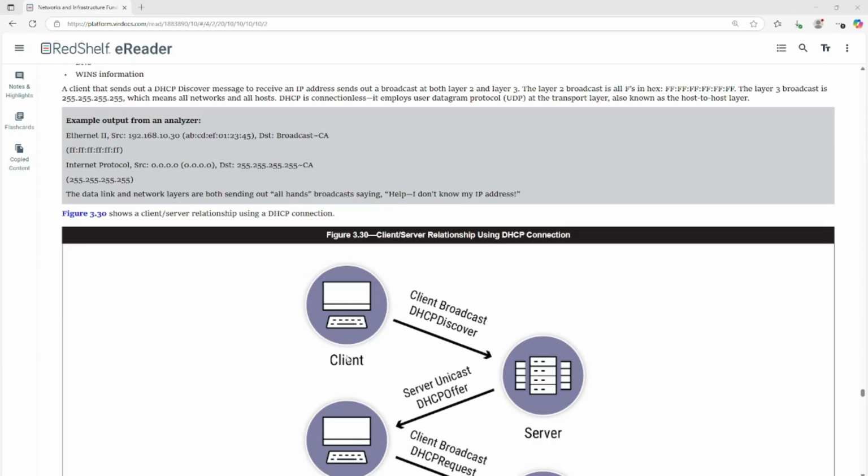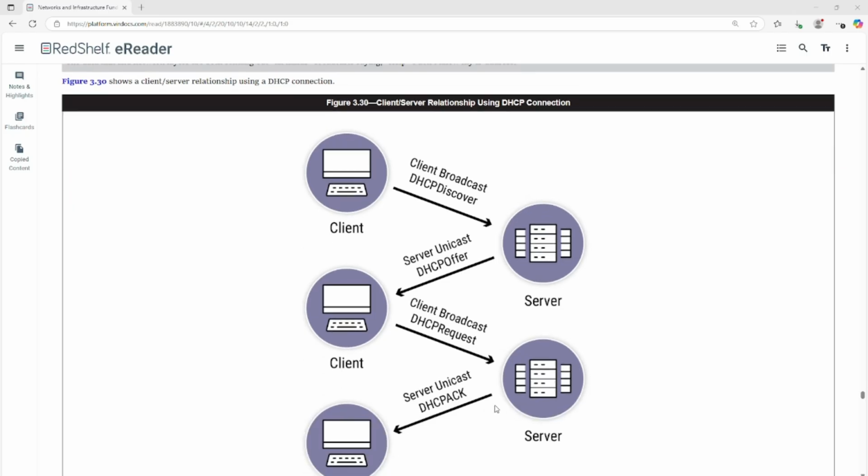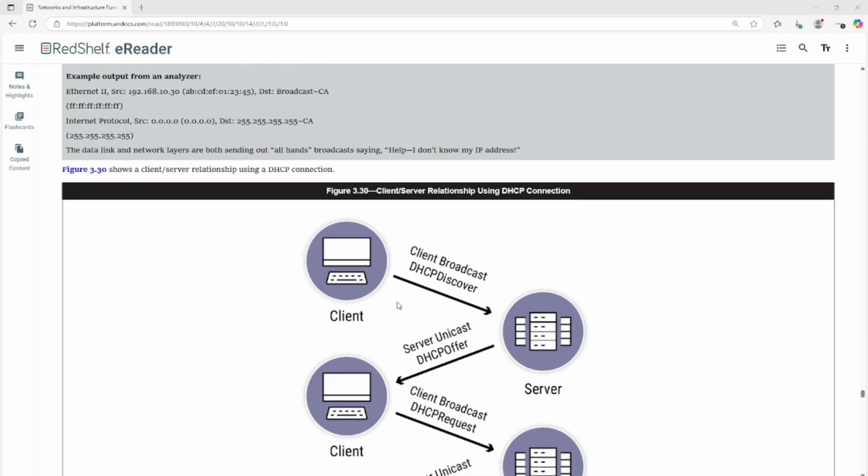So the first move for a client or a PC to get a DHCP address is they will broadcast to discover if there's a DHCP server, and the DHCP server will respond and offer them an IP address, an invitation to treat, which is the offer. Then the client will respond with a DHCP request and says, okay, I've seen what you have. Can you give me an address, please? And the server will respond with the package.